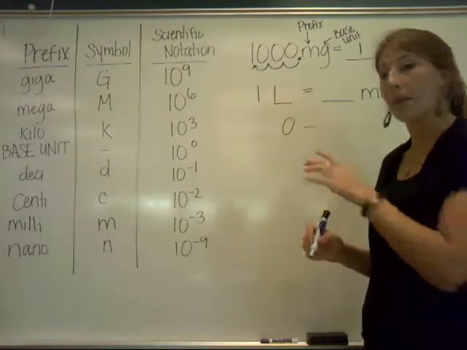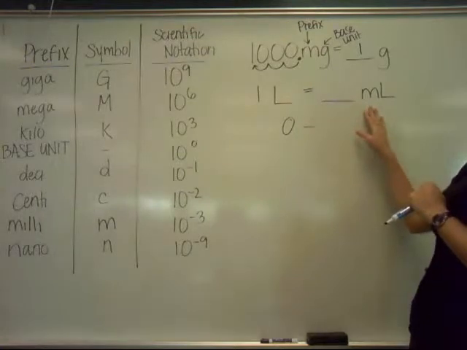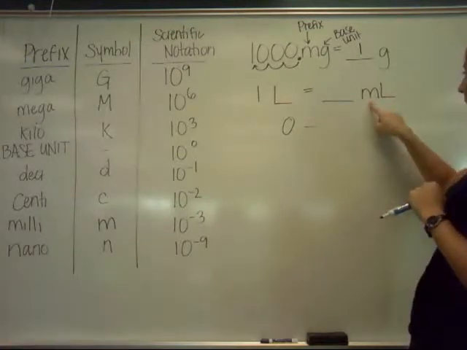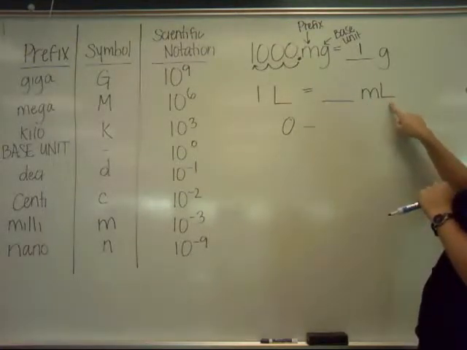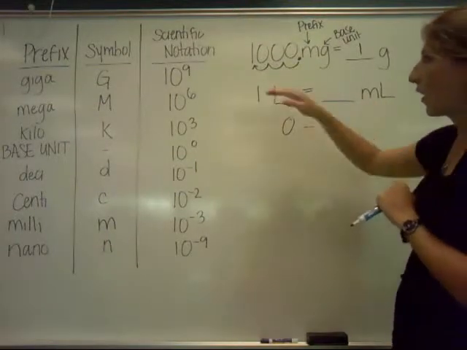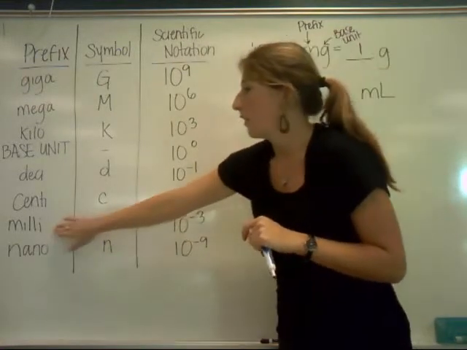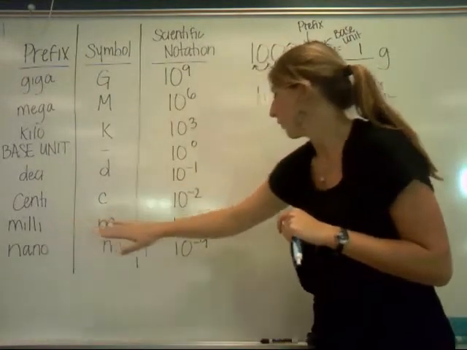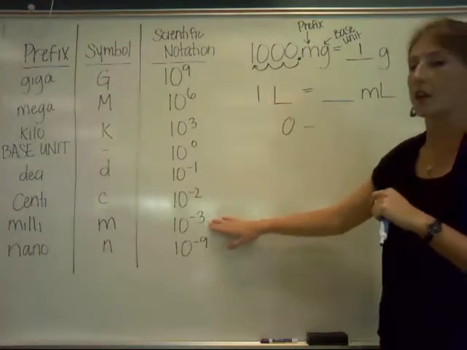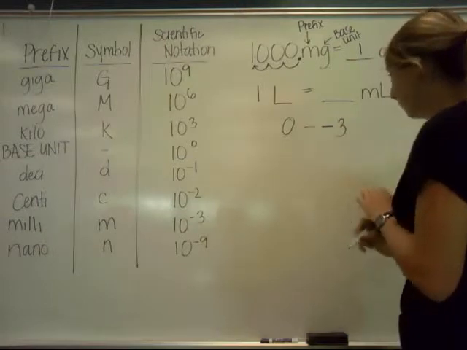When I'm going to something, it's always a negative. And I'm going to milliliters. M is my prefix. L is my base unit. So I need to find my prefix. I go over here. I look for m. Okay? That means milliliters. And then I go and find my scientific notation. I'm going to negative 3.